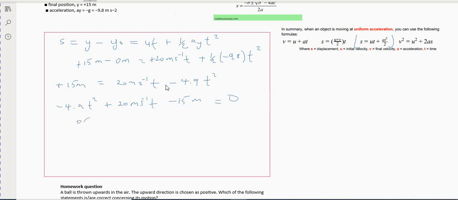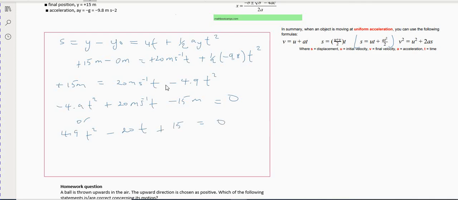We could have said 4.9 t squared minus 20 t, I'm going to drop the units for a little bit, plus 15 is equal to 0.